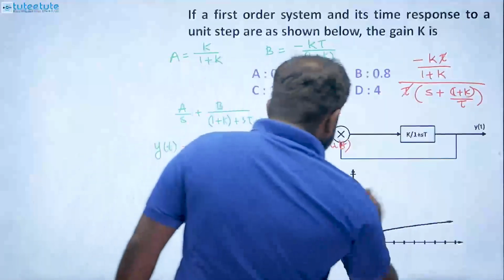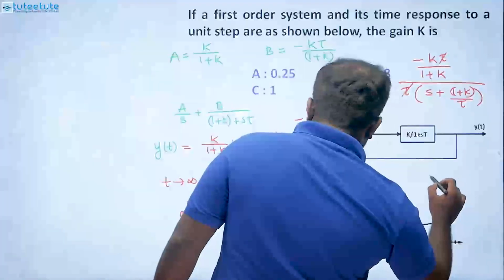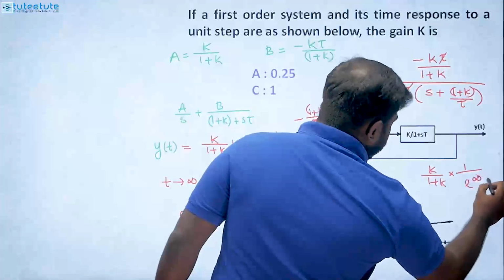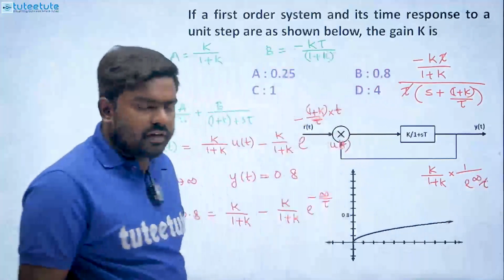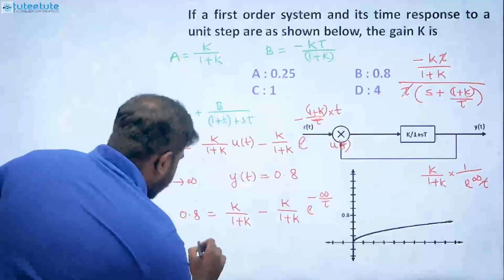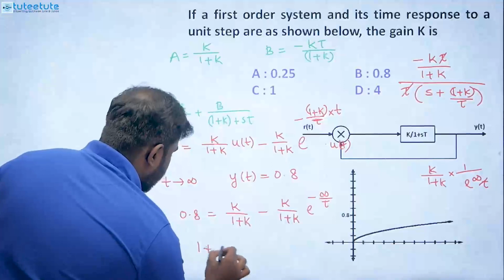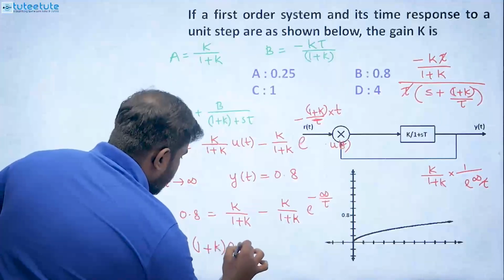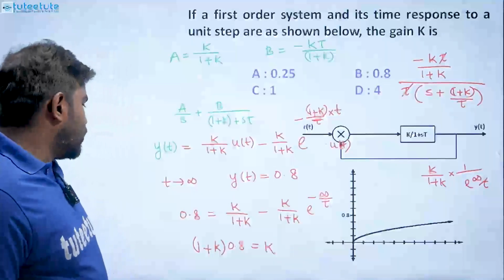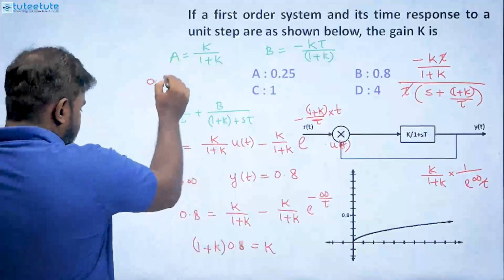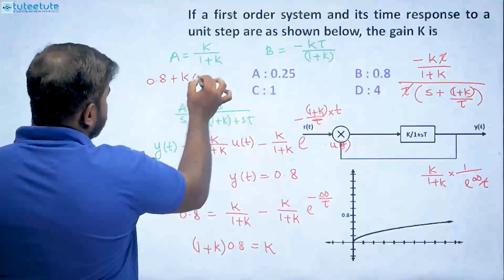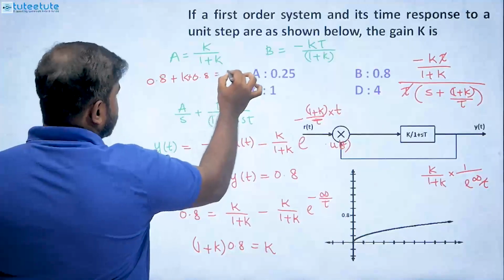So this would be k divided by 1 plus k into 1 divided by e raised to infinity by tau. E raised to infinity is infinity, 1 by infinity will be 0. The second term vanishes. Now you have here 1 plus k multiplied by 0.8 is equal to k. So here you will get 0.8 plus k into 0.8 is equal to k.